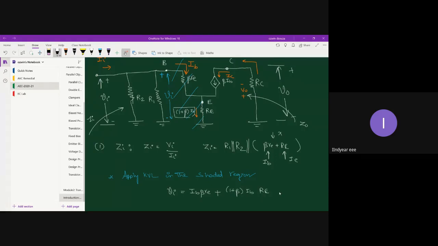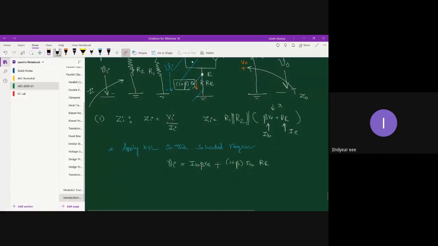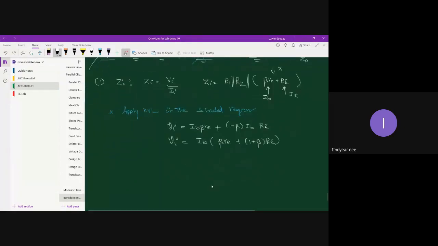Now I can call it a series connection because through both the resistors, current IB flows. So I can claim it as a series connection. Hence, I can take VI as IB, let me keep IB outside the bracket, so that is beta RE plus 1 plus beta times capital RE. Let me take the ratio VI by IB and define this ratio VI by IB as some base impedance ZB.